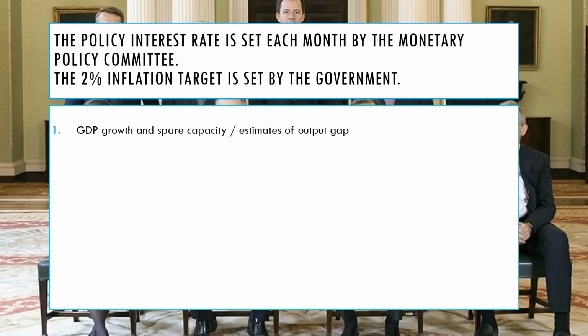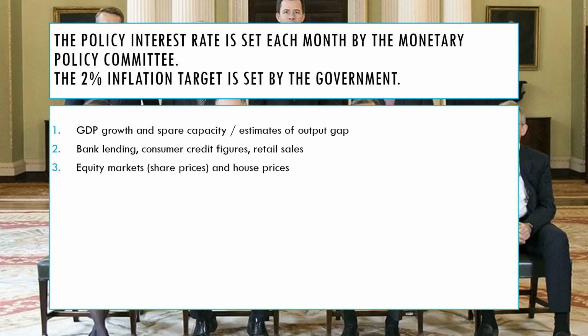And the data that they use to make this decision are some of the following. So they will look at the rate of GDP growth and the rate of spare capacity in the economy. They will look at the level of bank lending, consumer credit, so how much consumers are borrowing and how much retail sales are. They'll look at share prices and house prices to get a gauge of the wealth effect and how that's likely to influence spending.